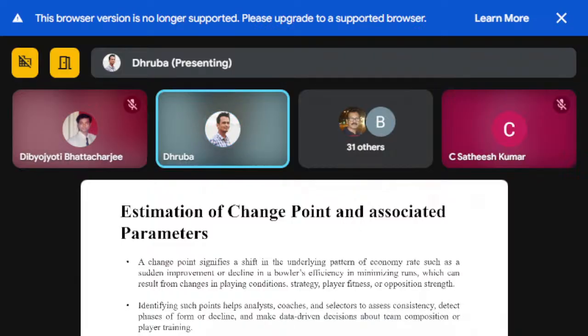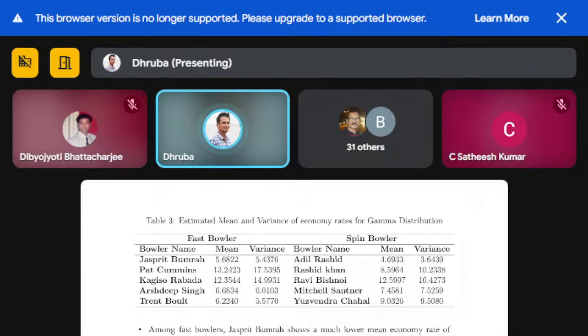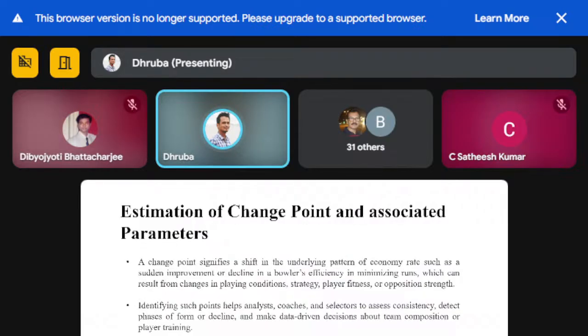Now, next, we have found that for these bowlers, the gamma distribution is the best fitted model. So next, our aim is to check whether there is any change in their mean economy rate. So for this, in this section, we have checked whether there is any change point in their average economy rate.